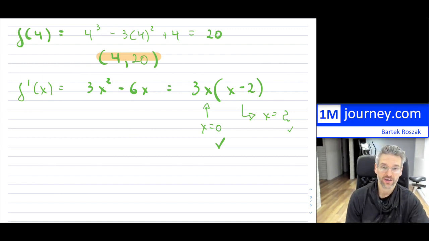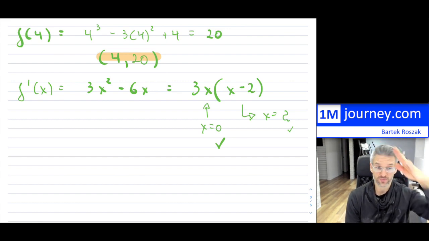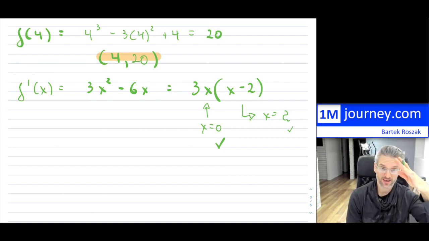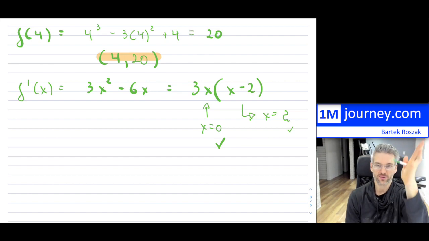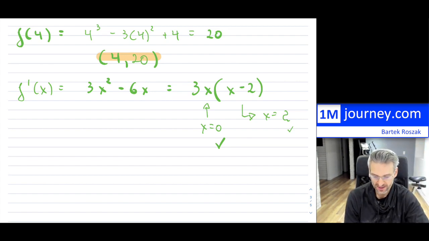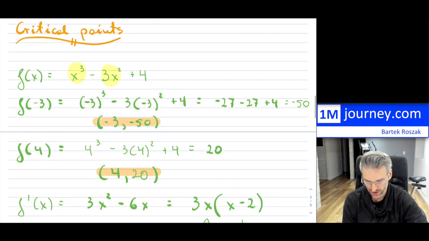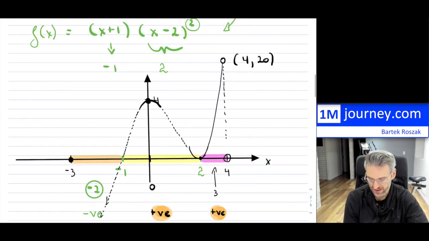And then between 0 and 2, you can substitute, for instance, 1, and for that one I guess it's going to be negative, so the slope is coming this way. And then beyond 2, again, it looks like it's going to be positive going that way.